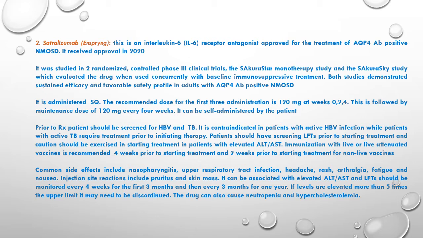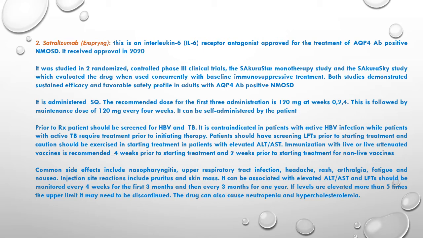It is administered subcutaneously. The recommended dose for the first 3 administrations is 120 milligrams at weeks 0, 2, and 4. This is followed by a maintenance dose of 120 milligrams every 4 weeks. It can be self-administered by the patient. Prior to treatment, patients should be screened for hepatitis B virus and TB.